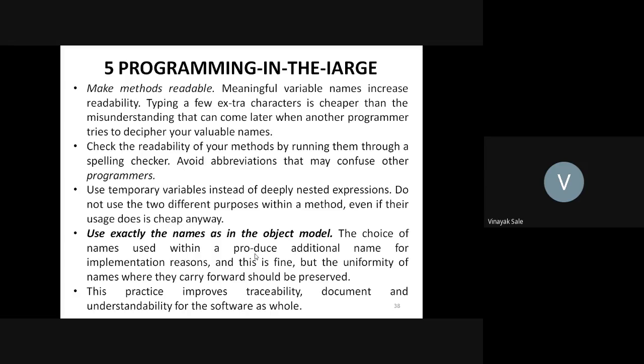Typing a few extra characters is cheaper than the misunderstanding that can come later when another programmer tries to decipher your variable names. Check the readability of your methods by running them through a spelling checker.